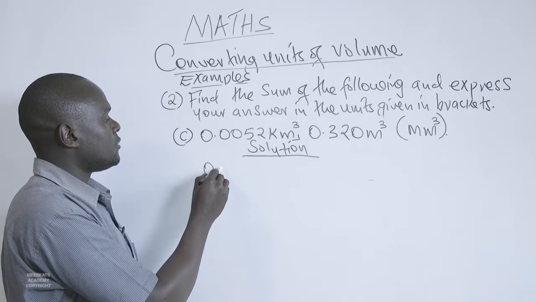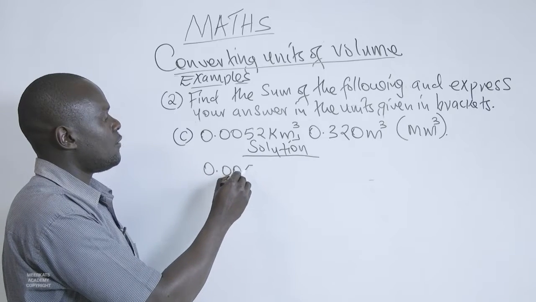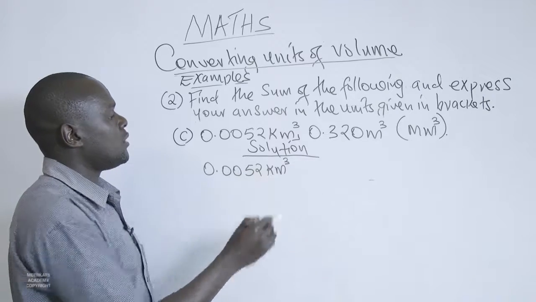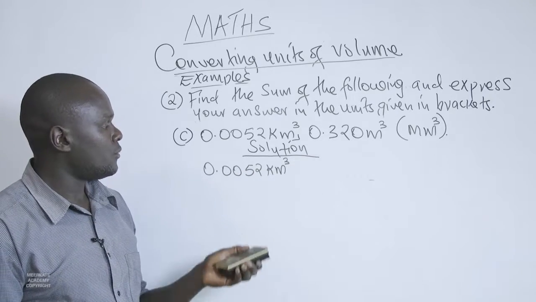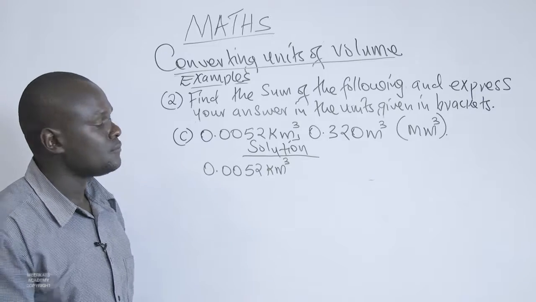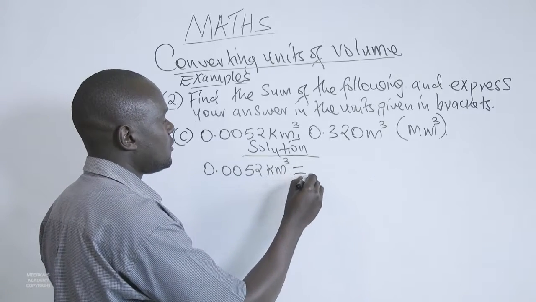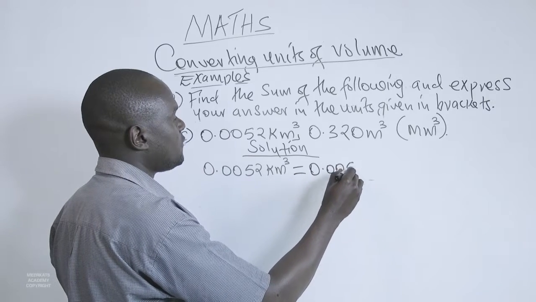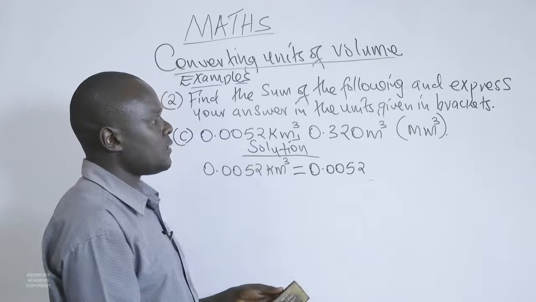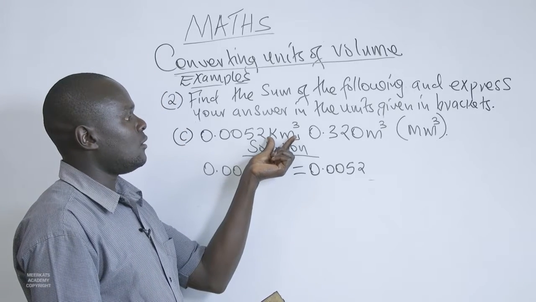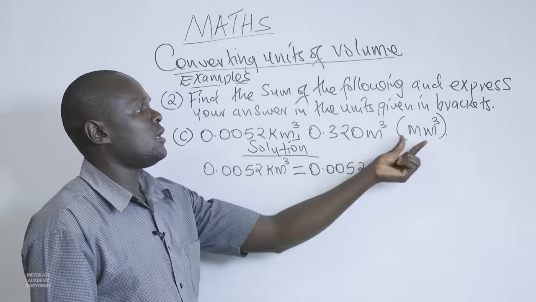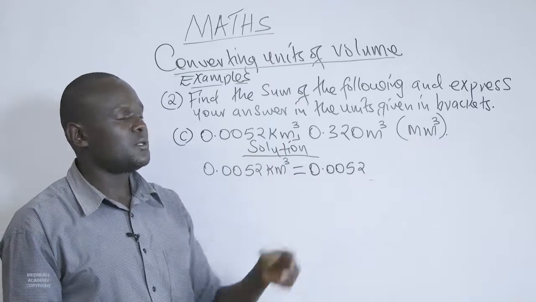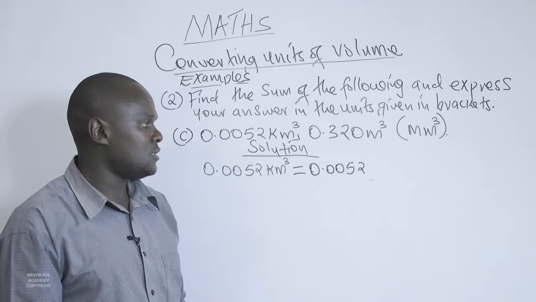Now this 0.0052 cubic kilometers, when we convert this, is equivalent to 0.0052. Since we are moving from a larger unit to a smaller unit, which is cubic kilometers to cubic millimeters, we have several stages.